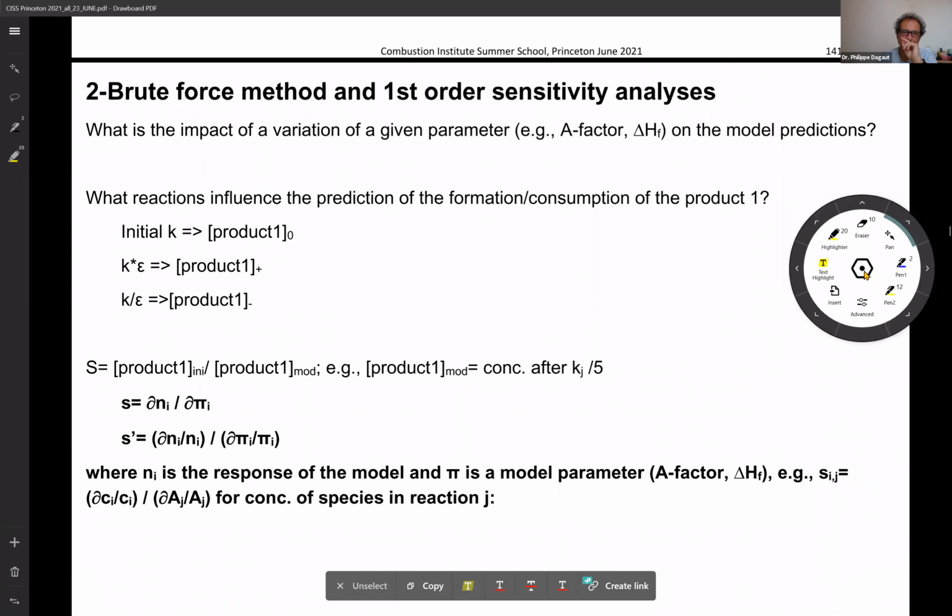These are things that people are doing when they want to figure out what is influencing their computational results. And especially when you have some difficulties to match some experimental concentration profile or flame speed or ignition delays.